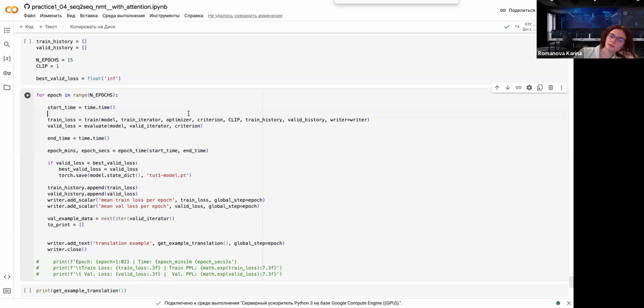Usually we need to understand what was the best. We have an evaluation part in our training process, and we need to indicate what was the best checkpoint in our training process. And we rely here on the best valid loss. If we indicated that it was lower than the previous value, we need to save our model.